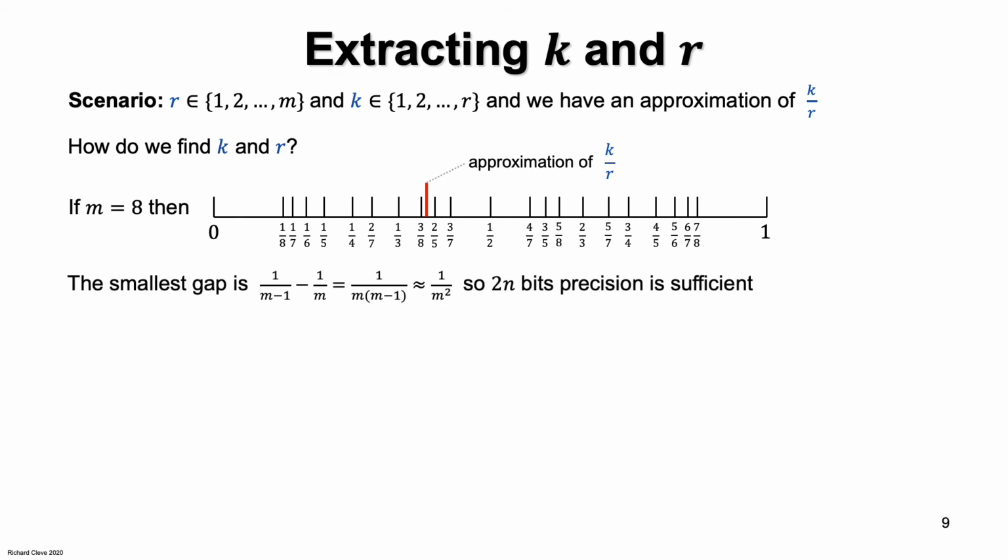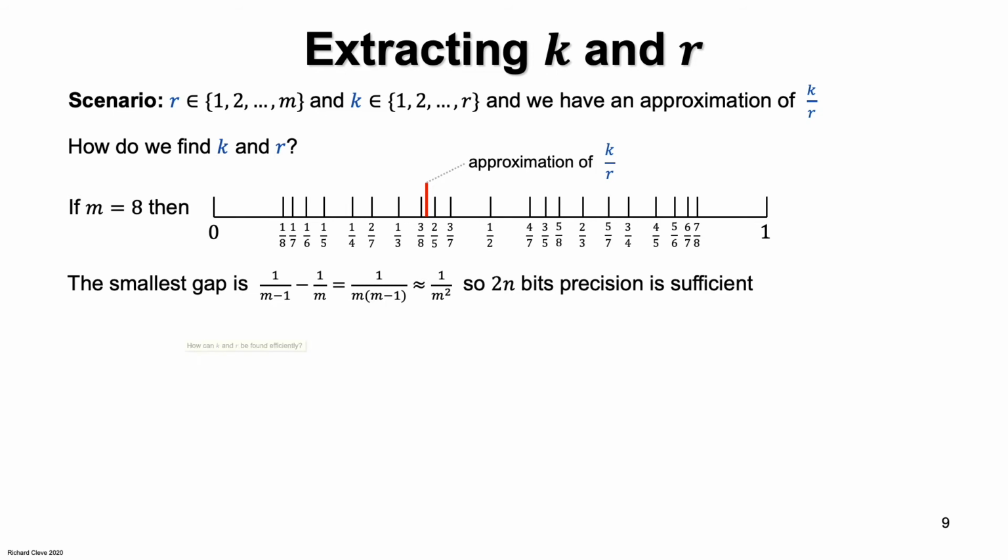And again, it turns out that the smallest gap is at the ends and is around 1 over m squared. Therefore, 2n bits is the correct level of precision to narrow down to a unique rational number, k over r, that's close to the approximation.